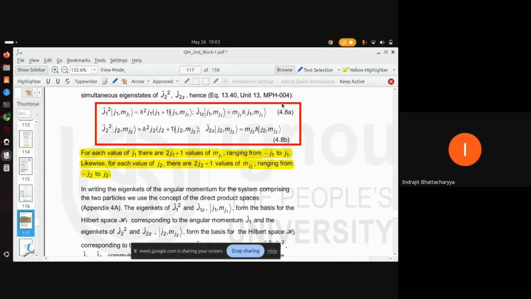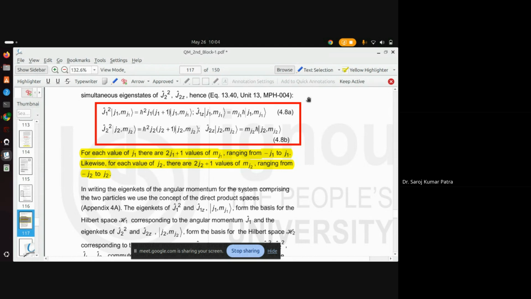Sir, does it come from spherical harmonics? In maths, I was reading about spherical harmonics. Does this come from there? Yes.